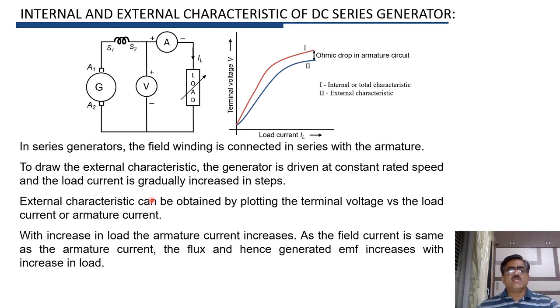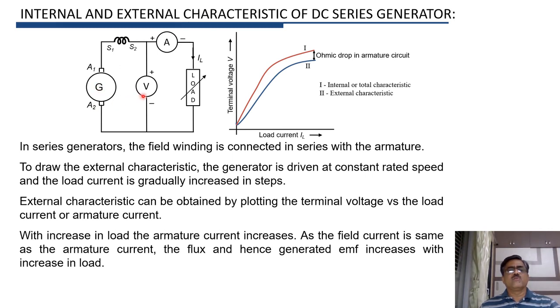In case of DC series generator, field winding and armature are connected in series. So when load increases, armature current increases and the same current flows through the field winding. So with increase in load current, there is increase in armature current as well as field current. With increase in field current, there is increase in flux, and with increase in flux, there is increase in the generated EMF.